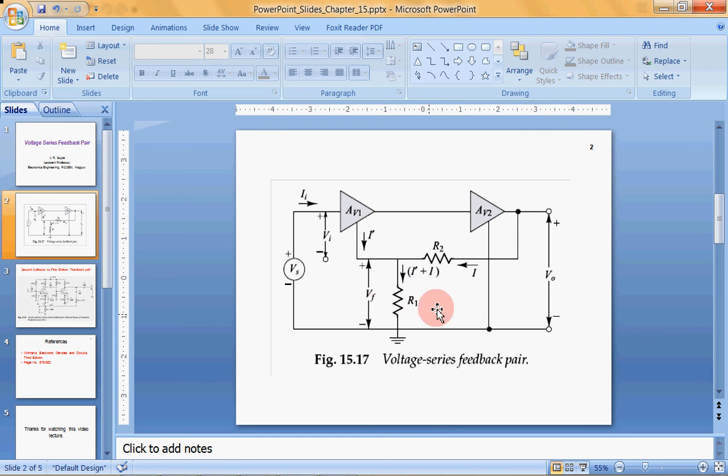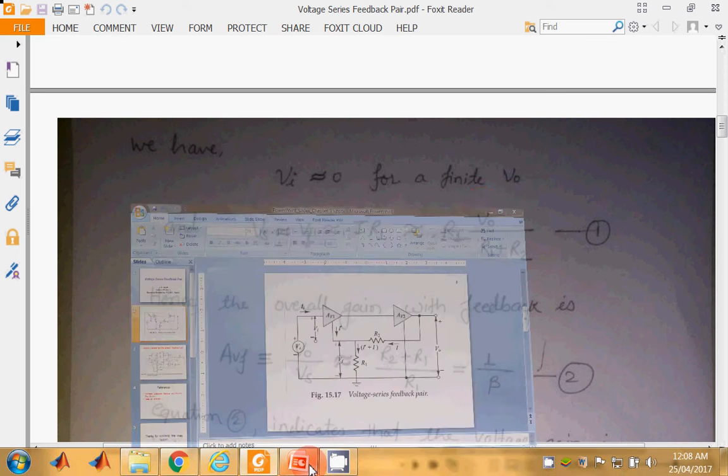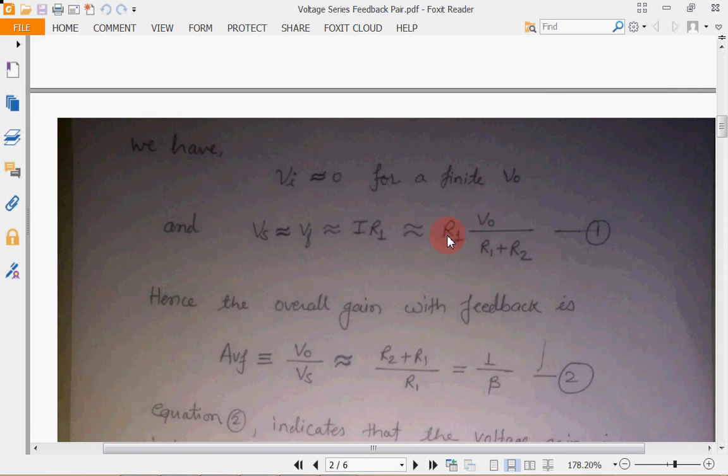This voltage divider network is dividing the output voltage, and therefore Vf is equal to V0 into R1 divided by R1 plus R2. That's what I have written here. So what is the relation that we have got from this equation? Vs is approximately equal to R1 into V0 divided by R1 plus R2.